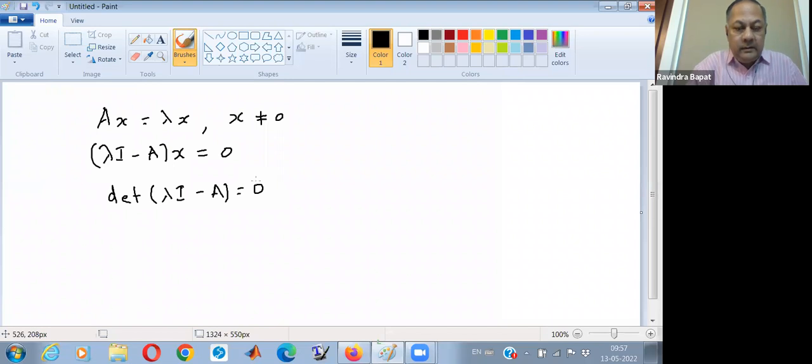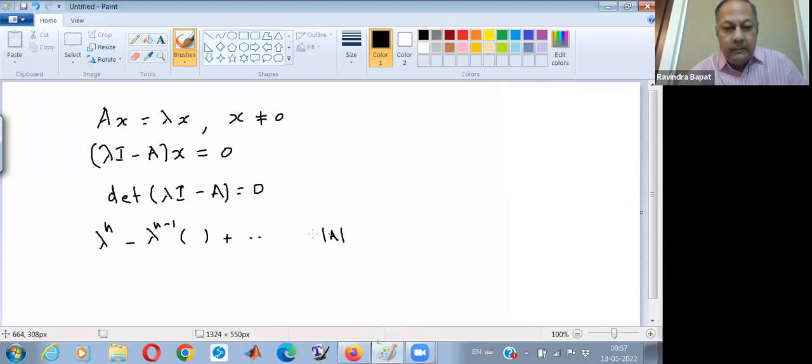As you can see from this determinant definition, if you expand it, you get what is called a characteristic polynomial. And it is a monic polynomial, with first term lambda to the power n, and we will talk about these coefficients in more detail. The constant term is determinant of A with an appropriate sign depending on whether n is even or odd.